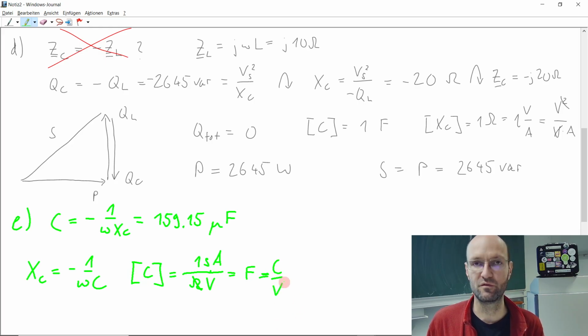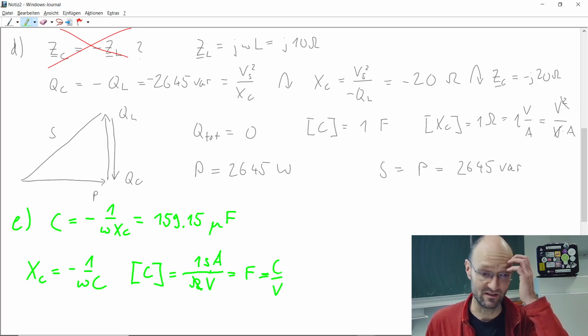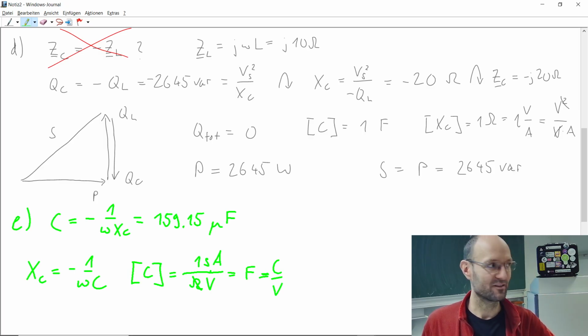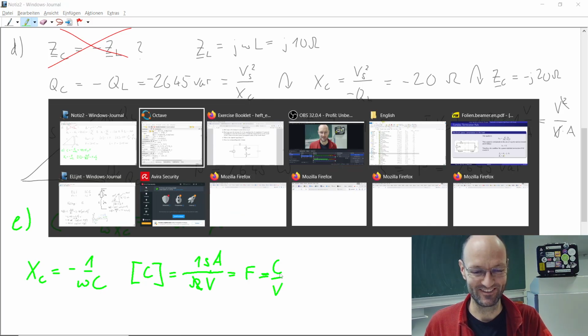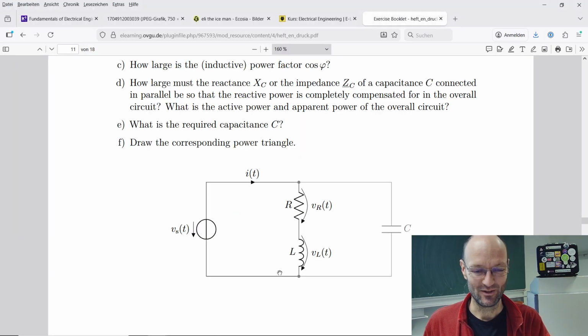And this is the definition of what the capacitance is: the charge stored on the capacitor, divided by the voltage across the capacitor. Remember these basic formulas that we had, not in the last semester, but in the first part of this semester. Okay, that's the required capacitance.